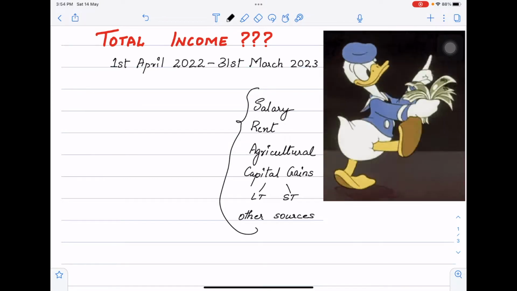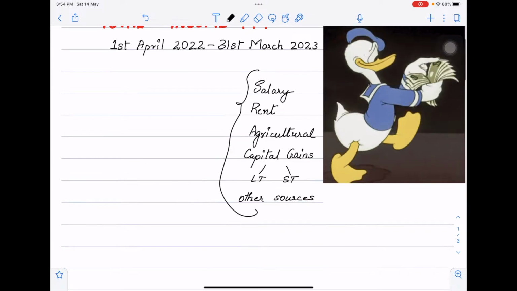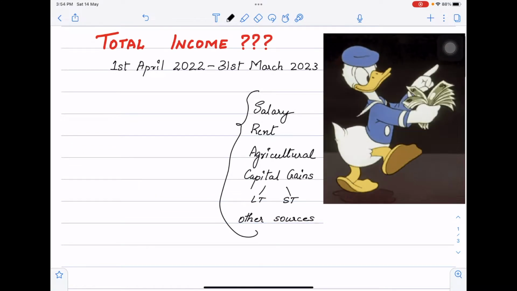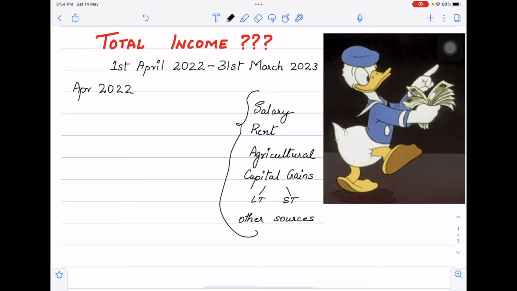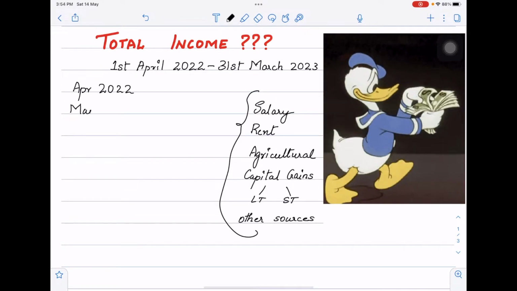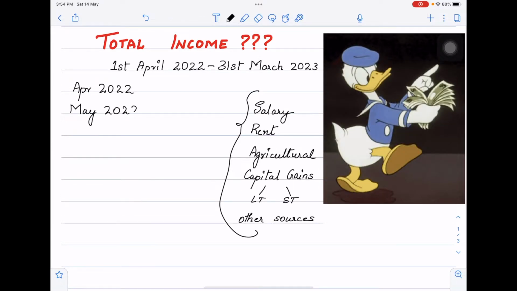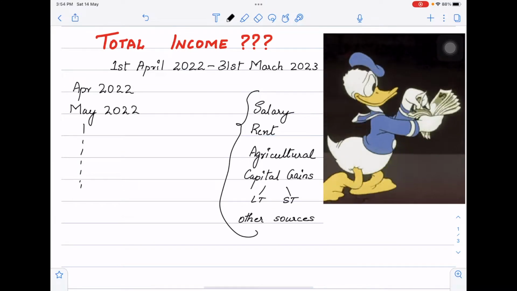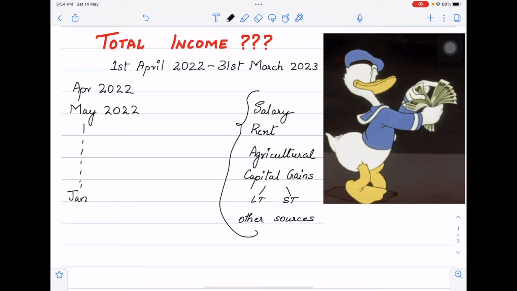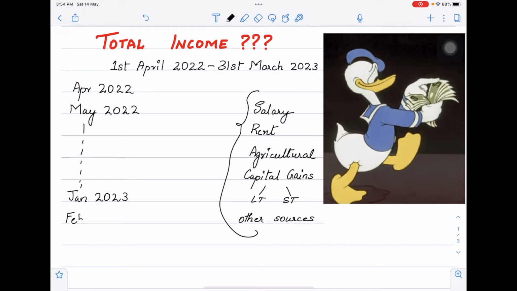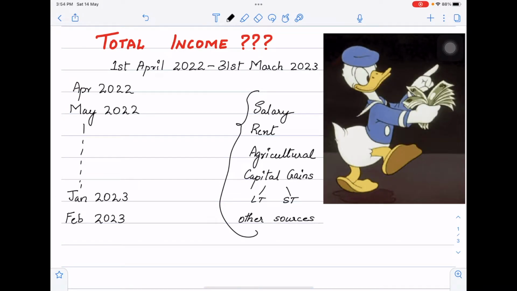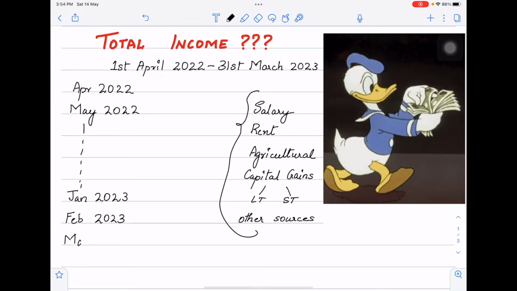So you basically have to calculate how much money you're going to earn using all of these different heads and write down all the months. So write down, I'm sorry, the screen seemed to have moved. So starting from April 2022, right down to January 2023, so a new year has started, February 2023, and March 2023.